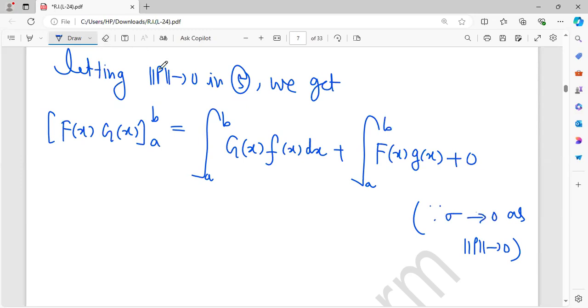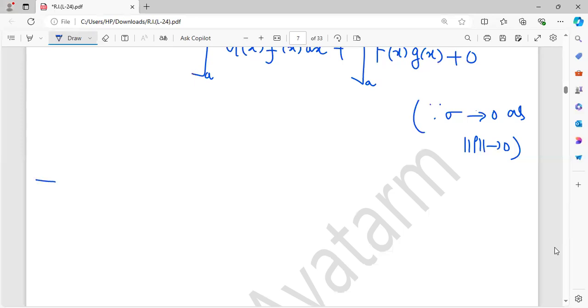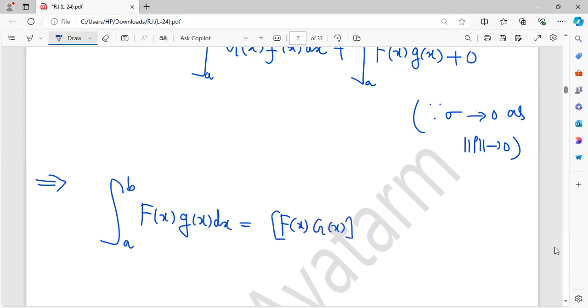So this implies the integral from a to b of capital F x small g x dx is equal to F x G x evaluated from a to b, minus the integral from a to b of capital G x small f x dx.